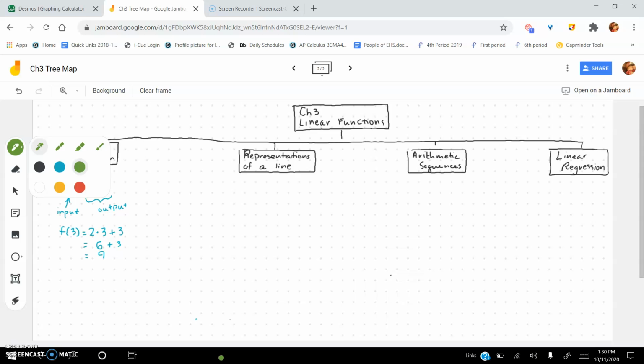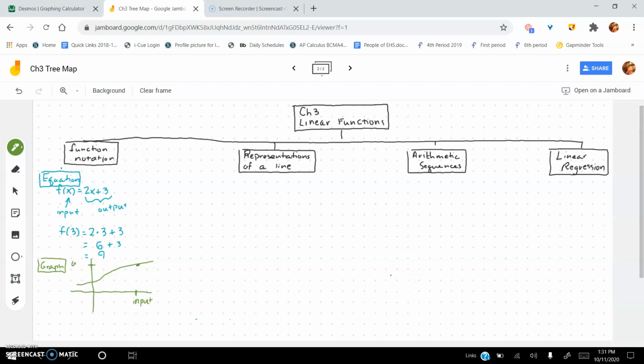I could also have my function given to me as a graph. And when my function is a graph, my input is going to be the x-coordinate of my graph. And my output would be whatever the y-coordinate is for that x-coordinate.